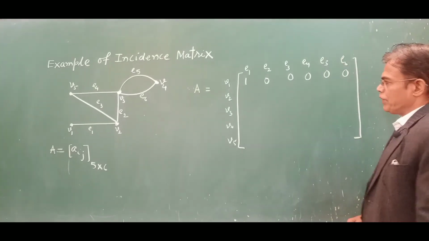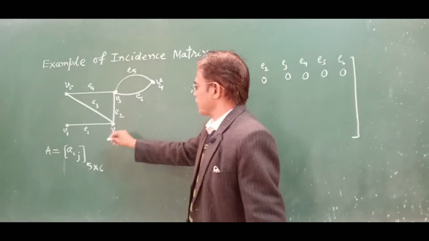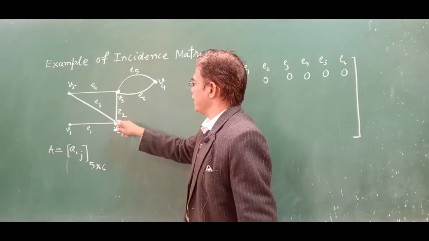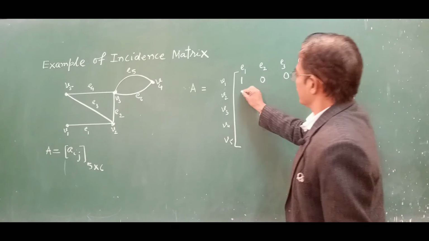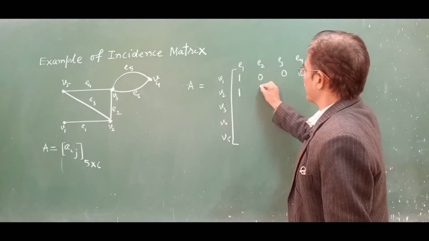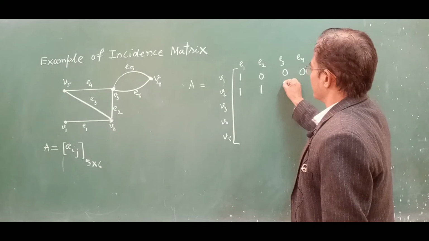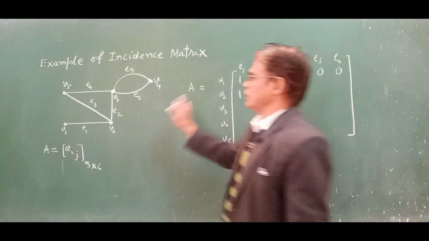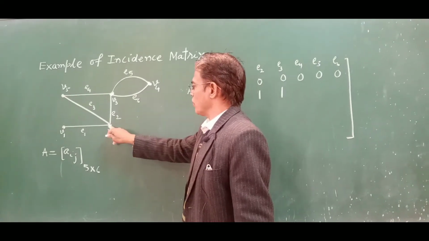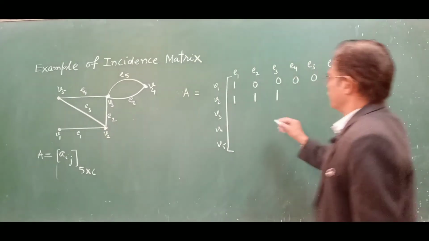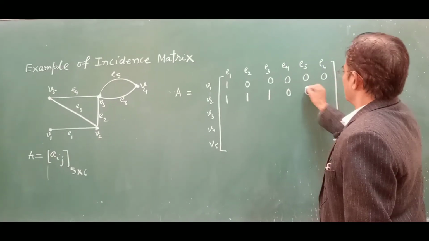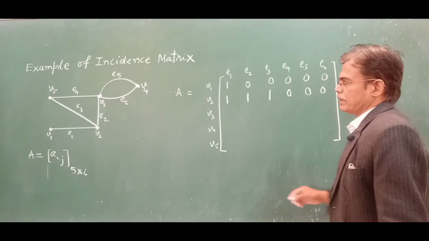Now V2. V2 is connected with E1, E2 and E3. So below E1 is 1, E2 is 1, E3 is 1 and the remaining are 0, because V2 is connected with only E1, E2 and E3. Now V3.